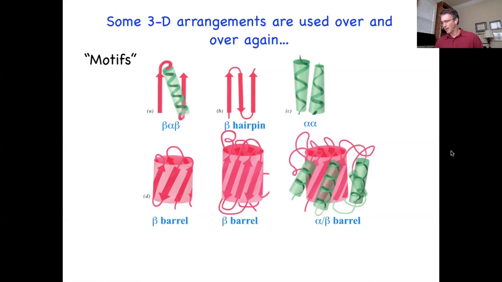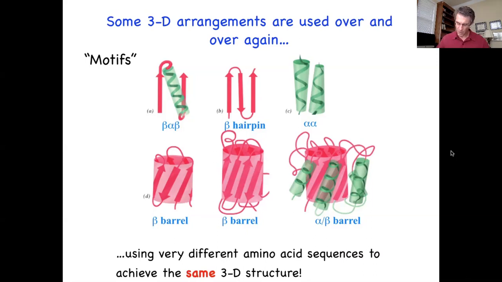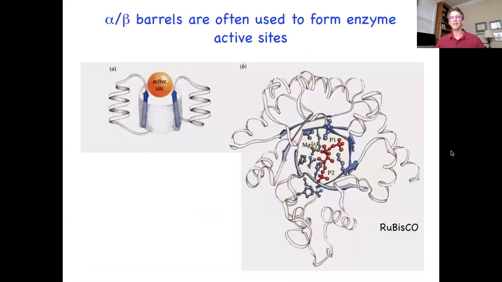Okay. So in addition to certain motifs being used over and over again, there's an additional level of structural and functional specialization, in that certain types of these folds appear to be really good for doing certain things. A good example is the way this alpha beta barrel gets used. One of the ways it gets used a lot is to make enzymes. We haven't talked about this yet, but we're going to.